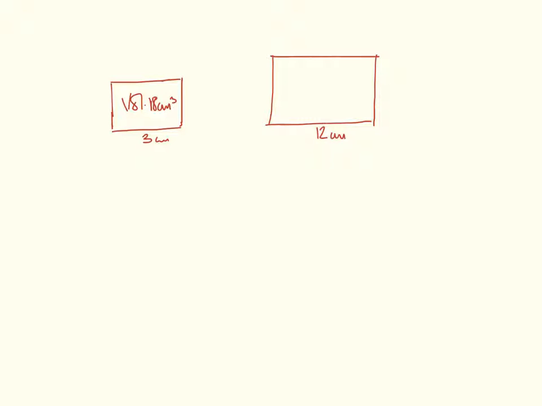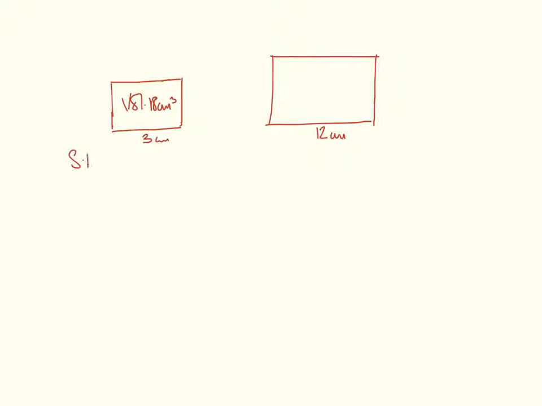Before we even try doing anything, look at what information you've been given. The length of this side is 3, and the corresponding side of that is 12. So what I would want to know is what's my scale factor? By how much did the shape increase?